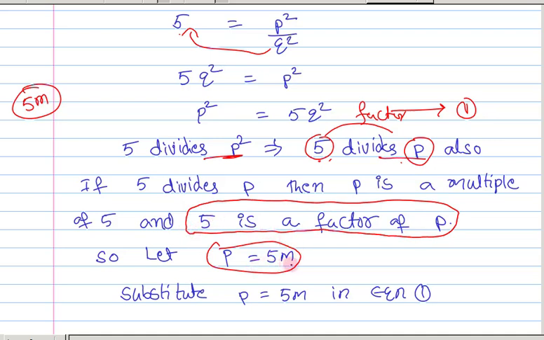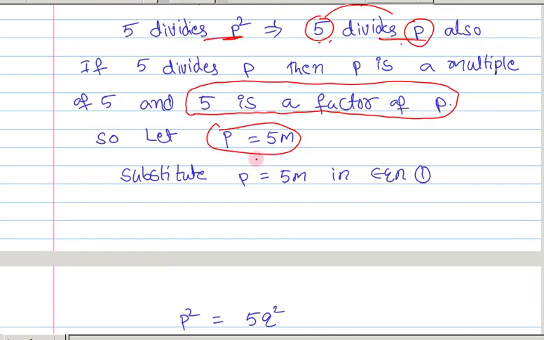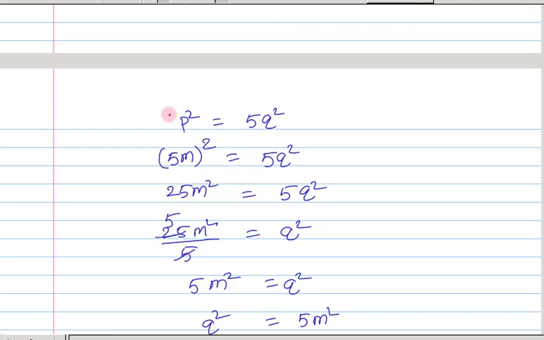So I wrote p is equal to 5m, and this value I am going to substitute in equation 1, which is p square is equal to 5q square. That means (5m) the whole square is equal to 5q square. This I can write as 25m square is equal to 5q square.